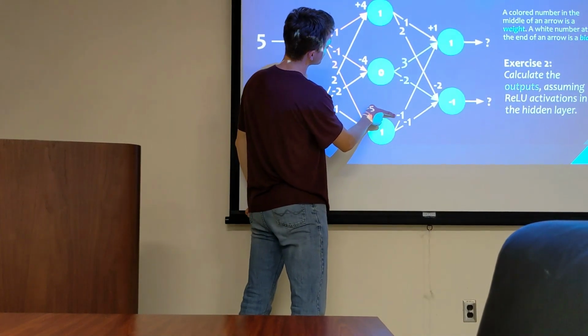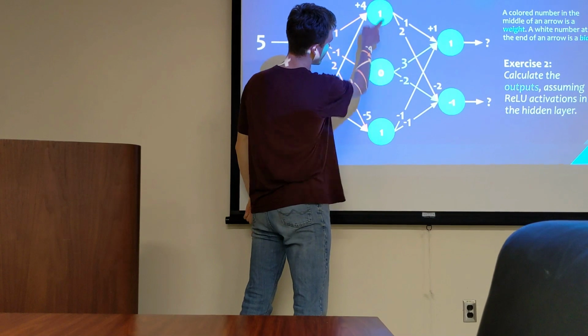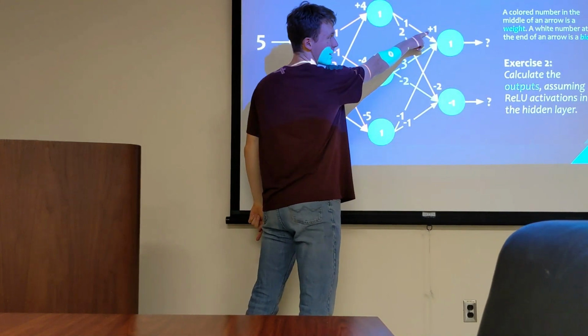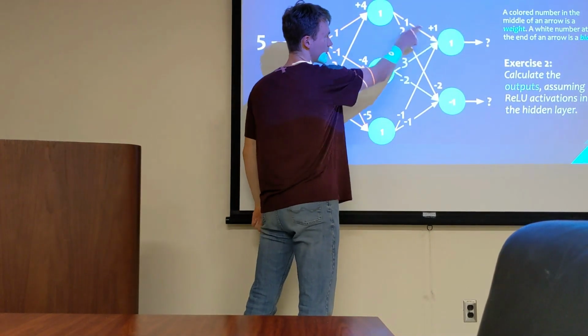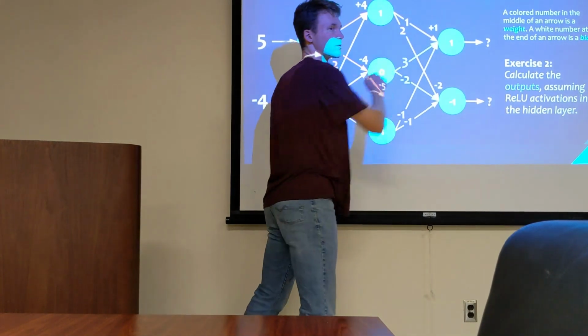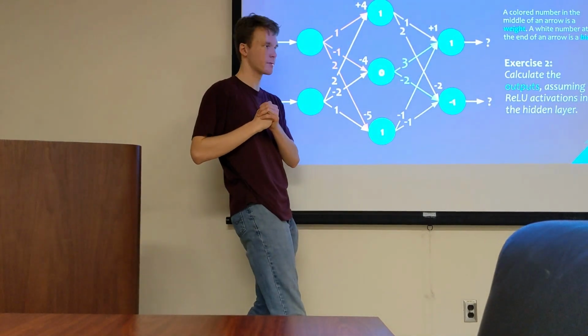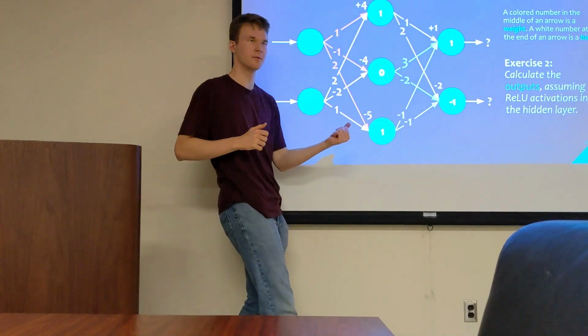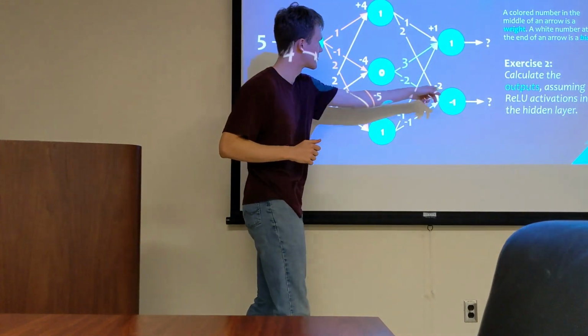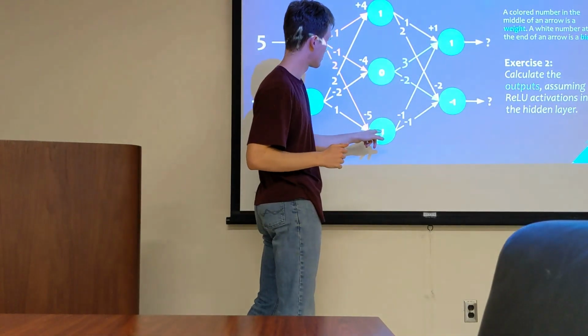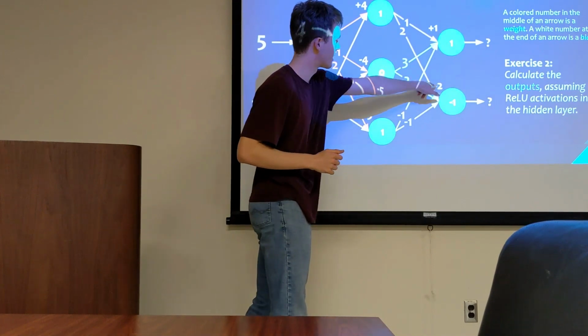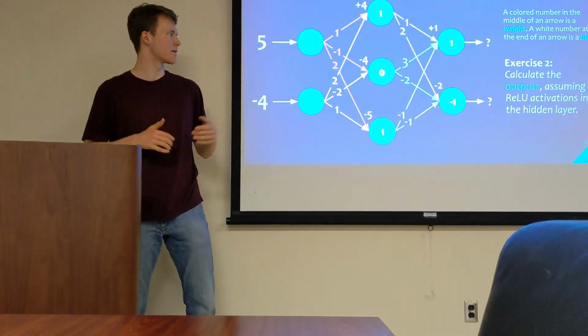So these two are going to cancel out, and it's going to add a bias of 1. So it's going to be 1 minus 1 plus 1. And then negative 1: it's going to be 1 times 2 plus 0 minus 1 minus 2. It's going to be negative 1.